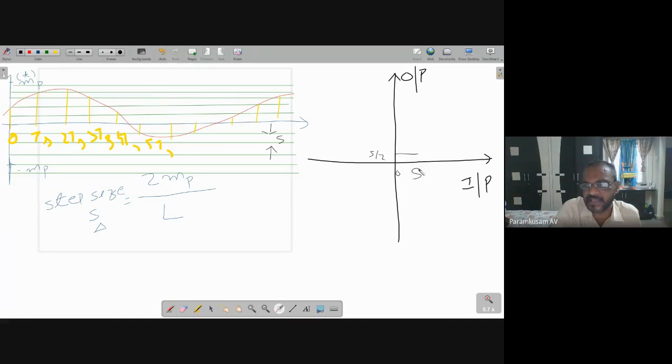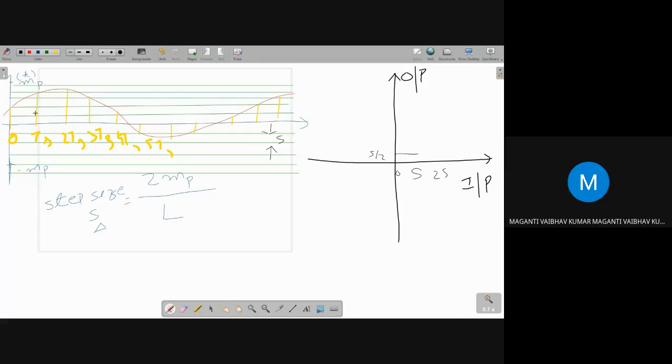When the input is between S and 2S, what is the output? Can anybody tell? In the second range, the output of the quantizer will be approximated by the mid value of that interval S and 2S. What is the mid value of S and 2S? 3S by 2.